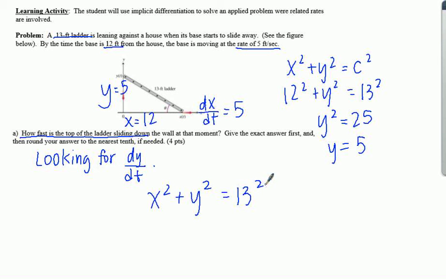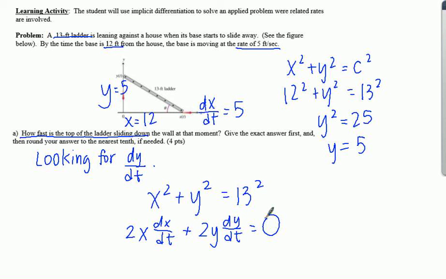Then since we need rates, we're going to take the first derivative using implicit differentiation. So don't forget, when you take the derivative, 2x, we also have a dx/dt there, plus 2y times dy/dt, equals the derivative of a constant, which is 0.